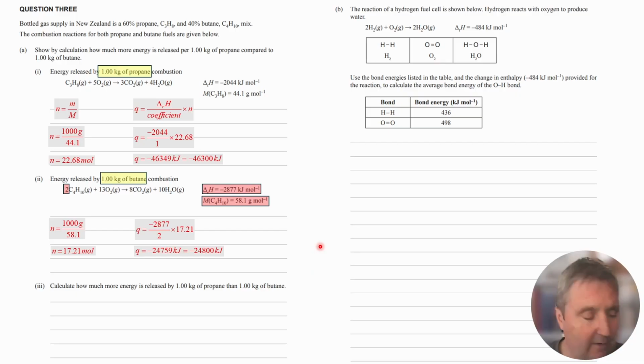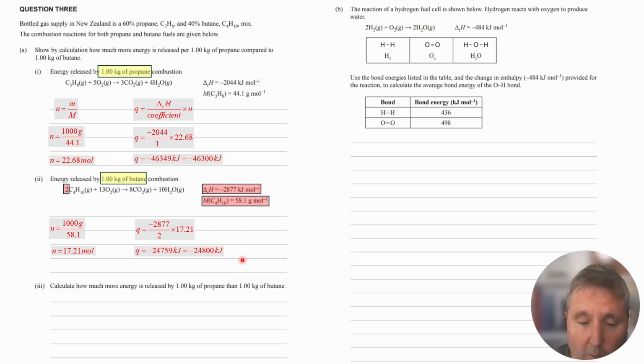Now this is where the problem is. If you knew some of these values beforehand, using logic you would say, oh well, that doesn't make sense, that if you use the same amount of butane, you would produce half as much energy. It doesn't, because this is incorrect. Remember I said they gave the wrong value for this equation, but we just have to work with what there is.